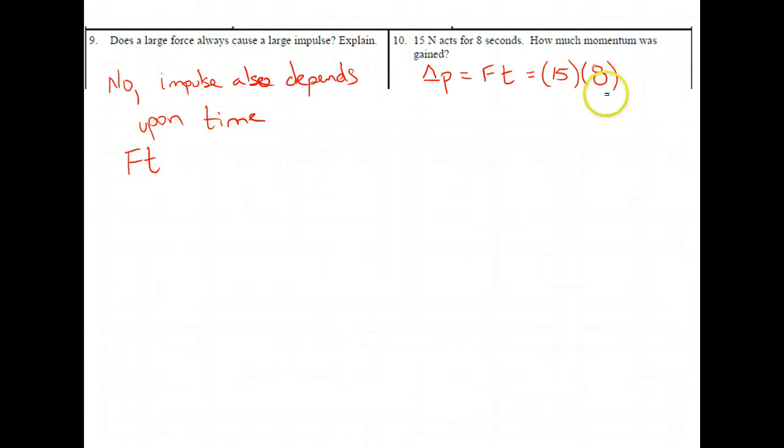So 15 times 8 would give us 120. It's asking for momentum, so we put momentum units on there: 120 kilogram meters per second. So that's not too bad.